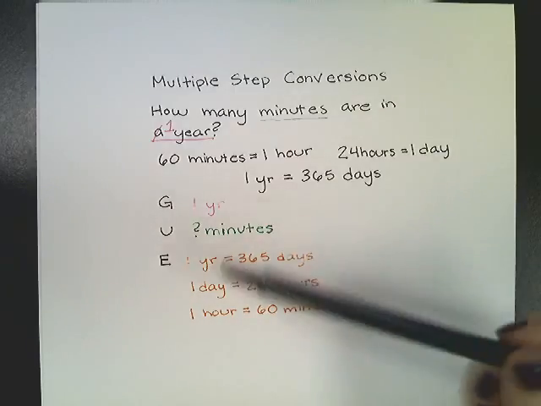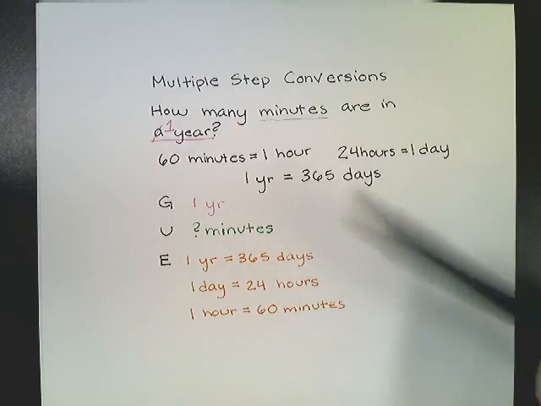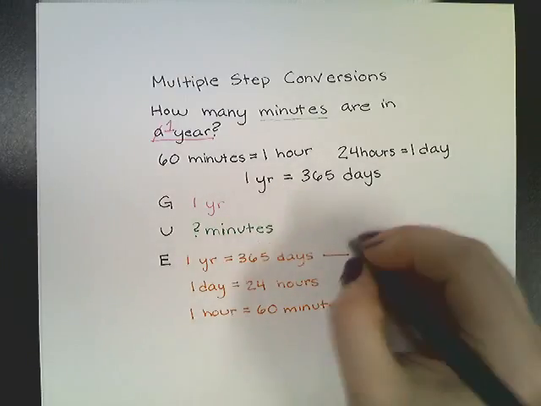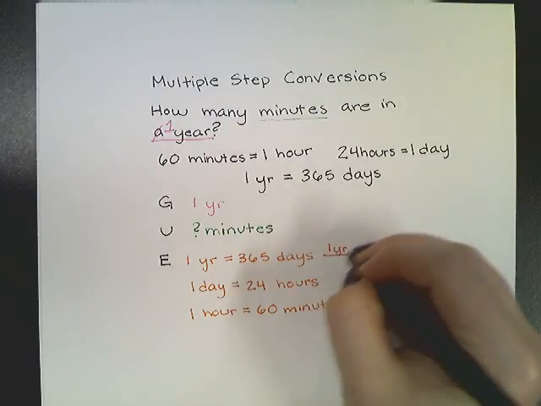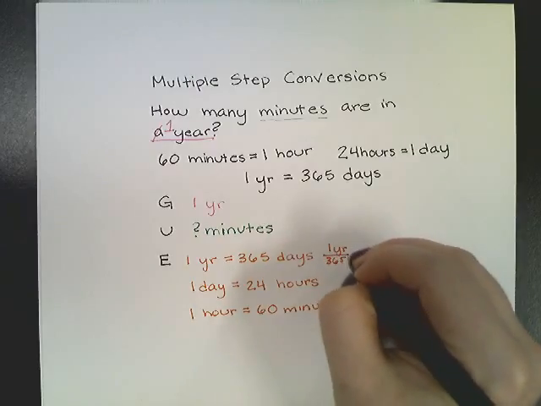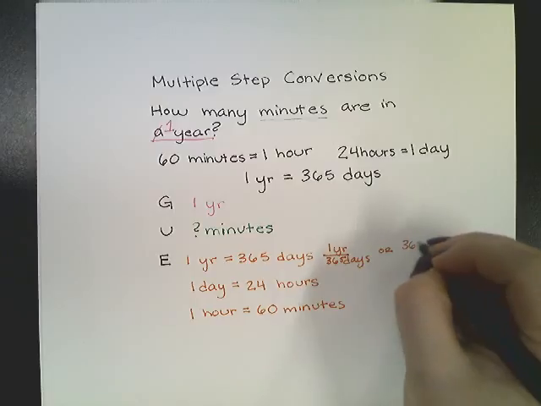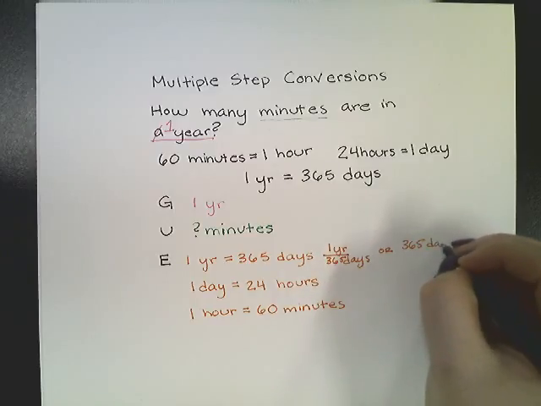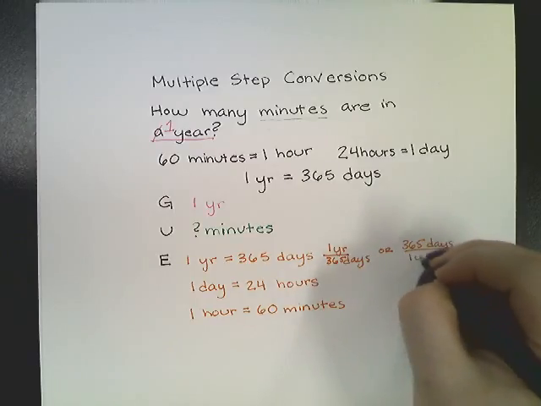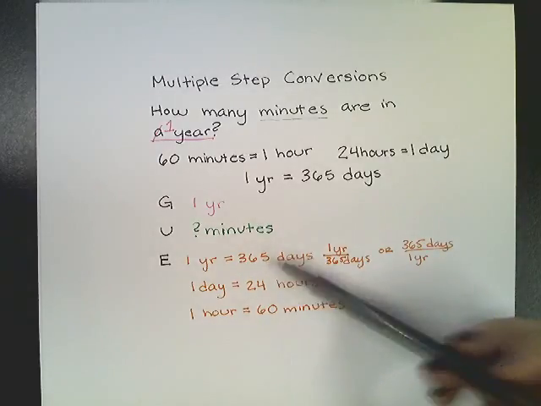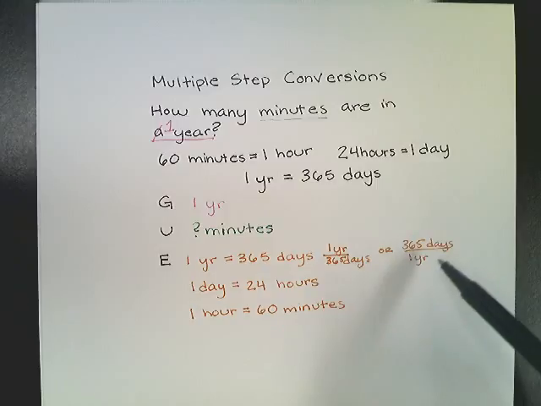I can also remember that when I have a conversion factor, I can write it 2 ways. I can write it as a fraction like this, or I can write the reciprocal like this. So remember, each conversion factor can be written 2 different ways.